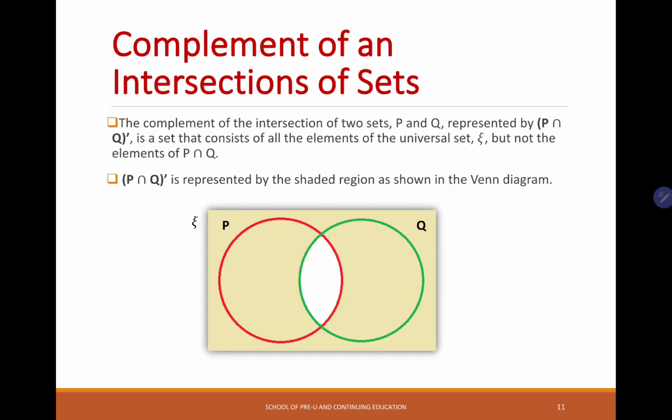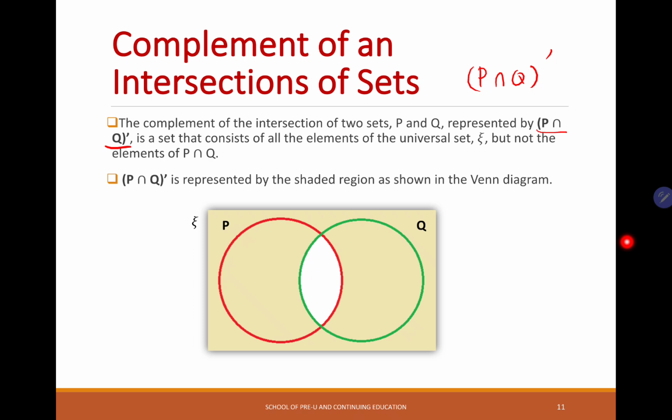So the next one, complement of an intersection of sets. The complement of the intersection of sets P and Q is represented by this symbol, which is P intersect Q with a prime. What does it mean?